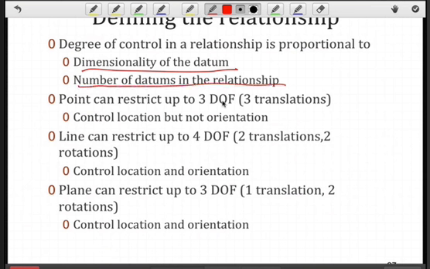We've already seen that a point can restrict up to 3 degrees of freedom, a line 4 degrees of freedom, and a plane 3 degrees of freedom. By themselves, those datums cannot restrict all 6 degrees of freedom. So if I have a point, how am I going to restrict the other 3 degrees of freedom? If I have a line, how will I restrict the other 2 degrees of freedom? And the same thing with a plane. Well, we need to combine them together.